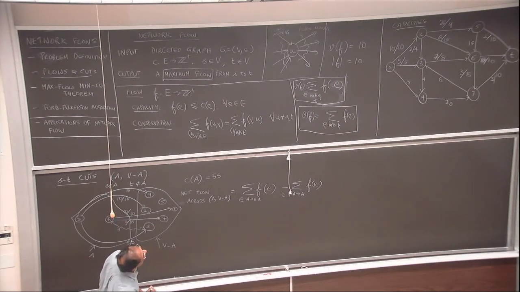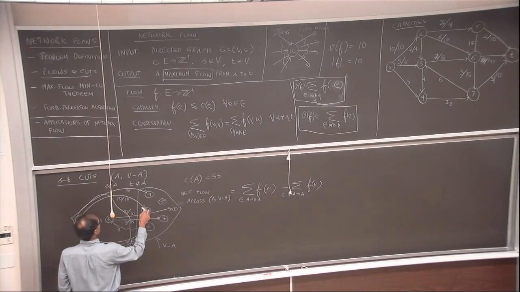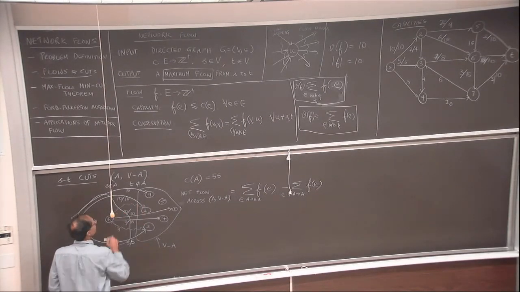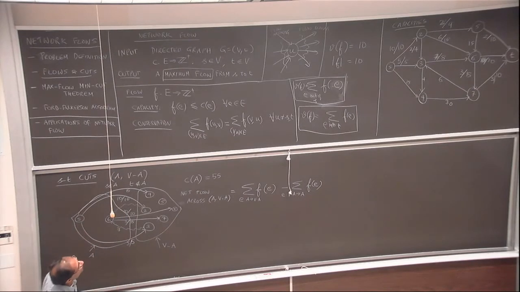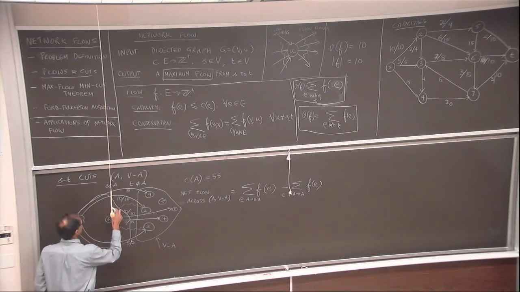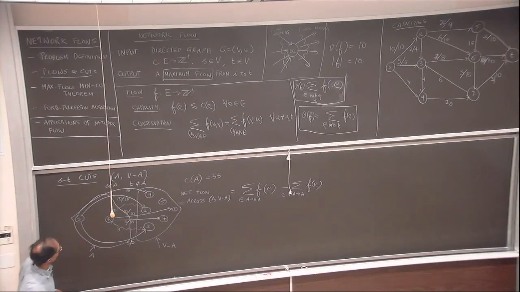Is there anything else to 6? 2 to 6 is 6. Anything else going? No. So what do we get? 28 minus 6 is 22, minus 7 is 15.